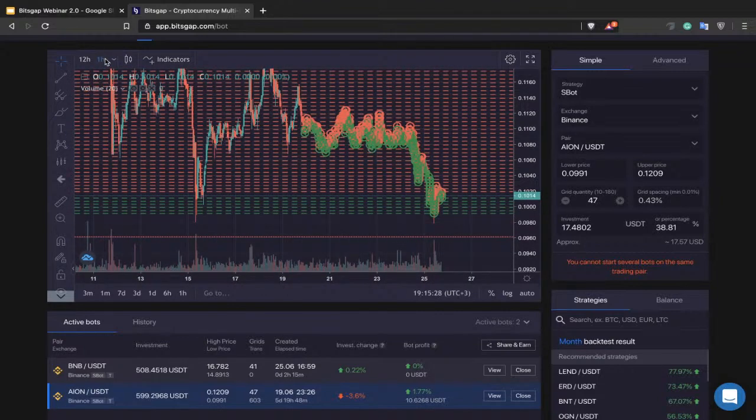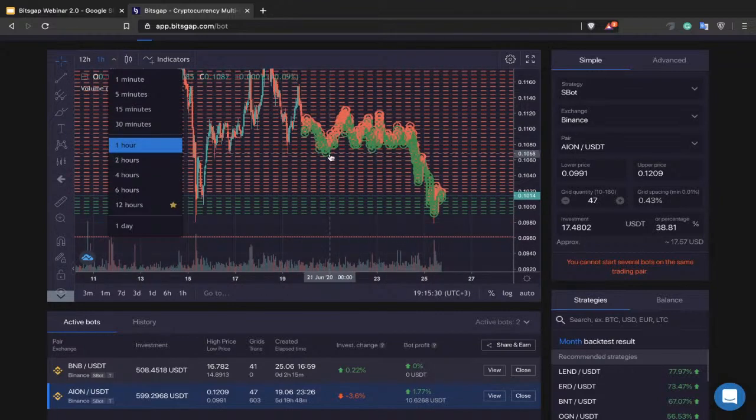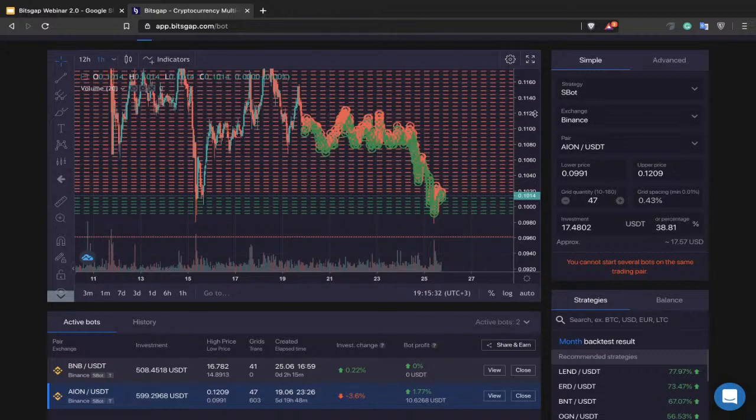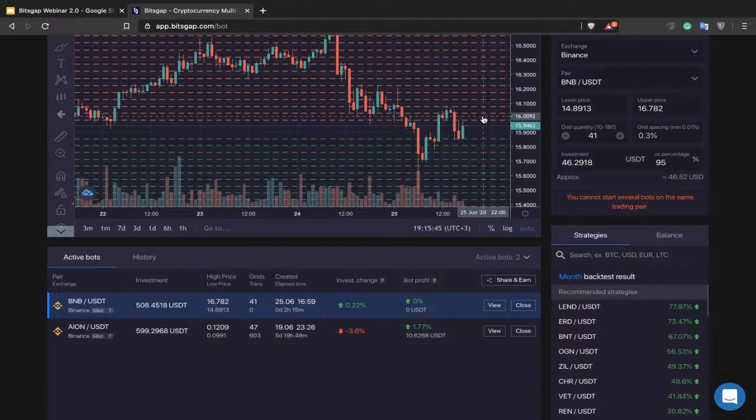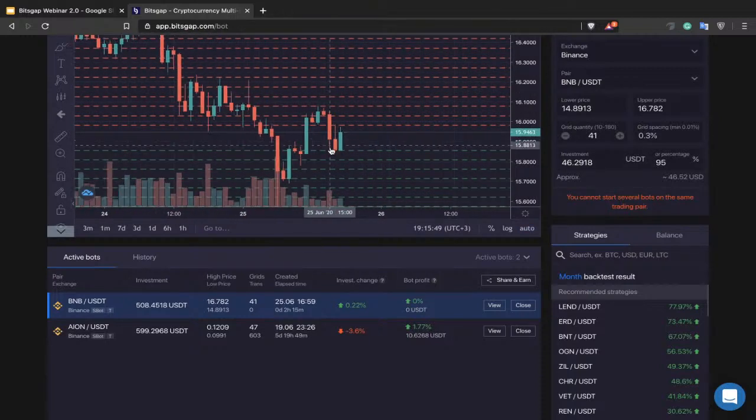You can also change the time frame if you want. And below I have a list of my active bots. So I launched BNB to USDT 2 hours ago. Let's see its performance. So far 0 trades, but that's fine because you see the market stayed in the neutral zone.